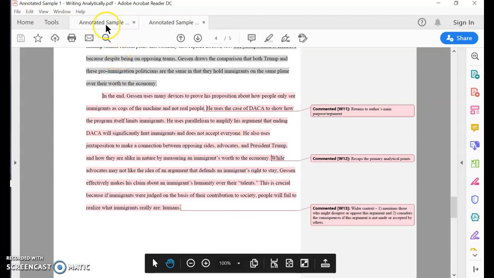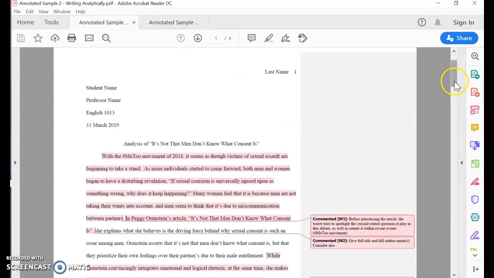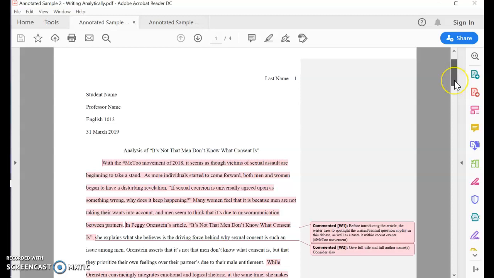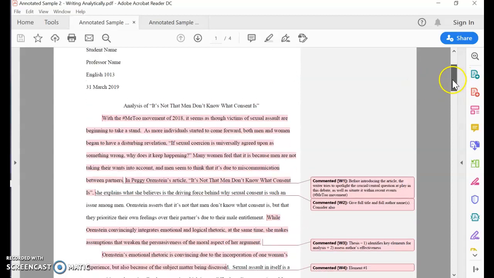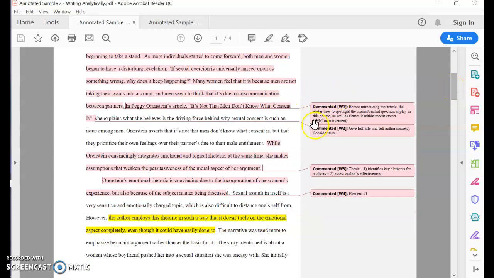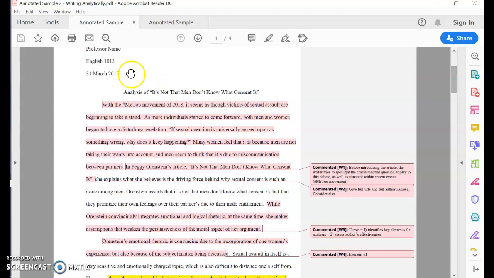Okay, so before I close up, this is another example. I think this is a slightly more complex example, but it follows the same format. I've marked the same things here. This one's about consent and situating it within the context of the Me Too movement.